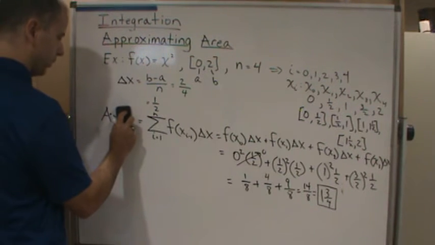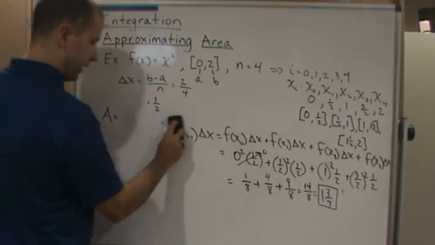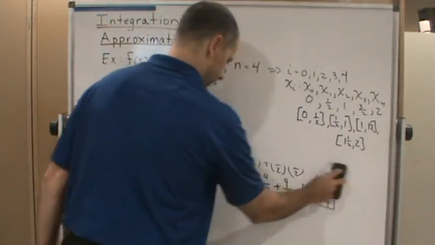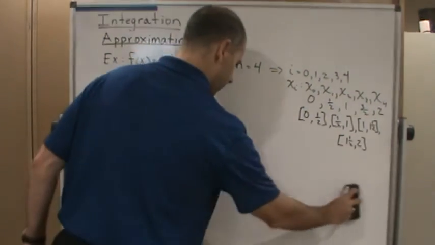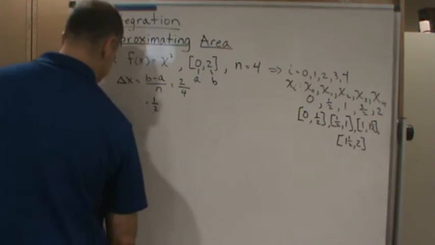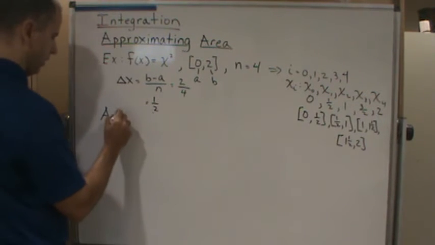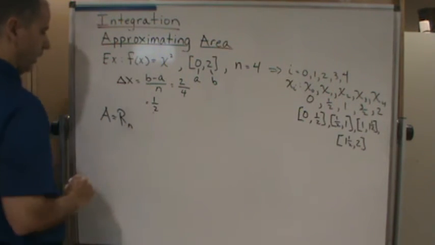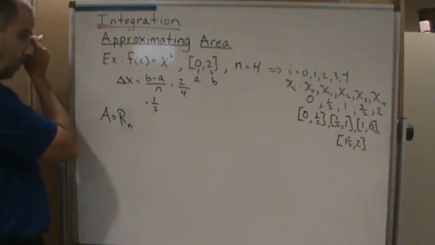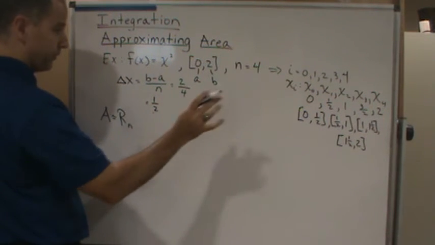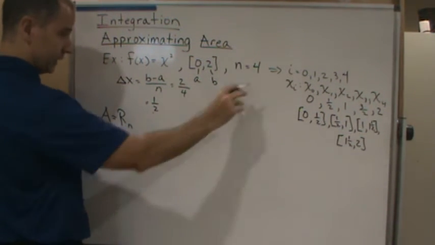I'm just going to erase because I don't have room. So now I'm going to do the right endpoint approximation. I'm going to write R sub n. I don't have to do any more work because I've already got everything there.